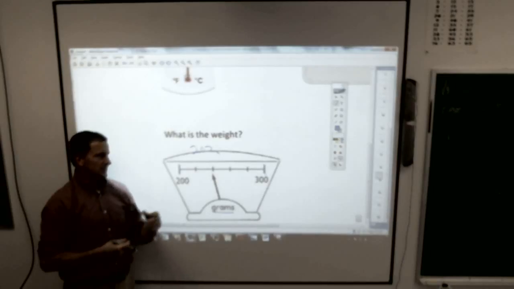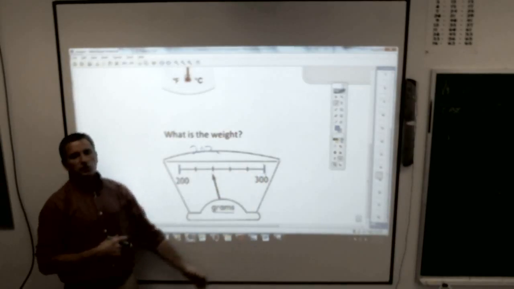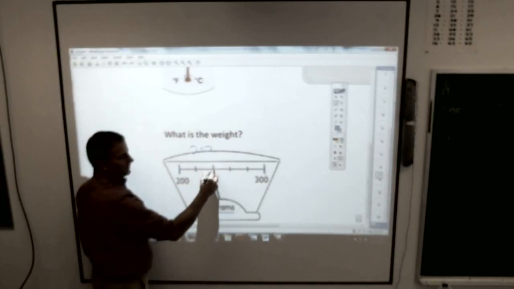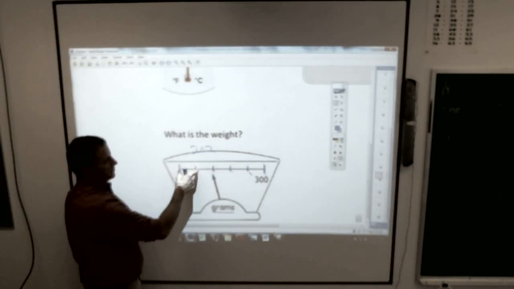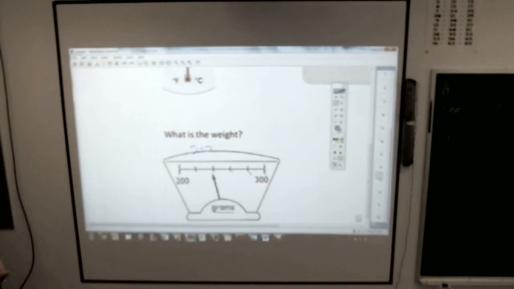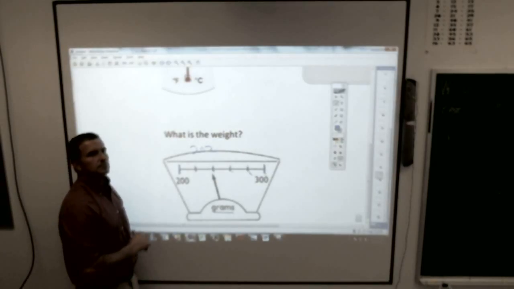No, because that would only get you to 203 and 204, and then you go all the way to 300. So you need to decide what the units of measurement are for each one of these. How would you figure that out, Connor? By counting how many lines it is and then dividing.